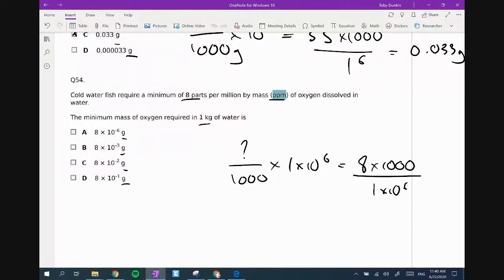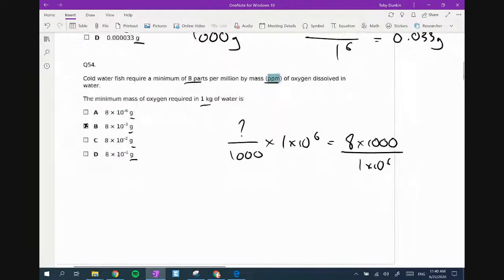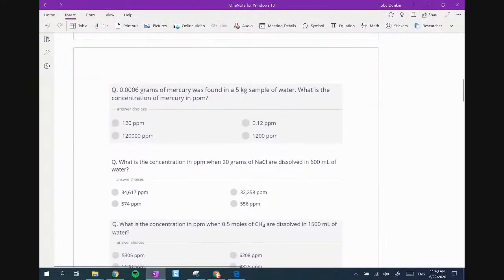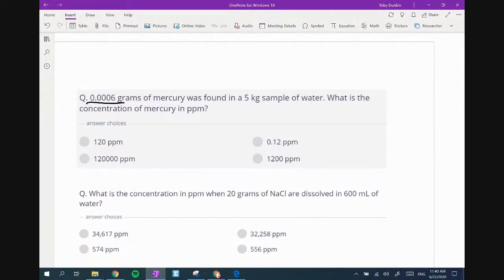So I'm going to get 8 times 1,000 divided by 1 times 10 to the 6, oh, that's made a mess. What have I just done there? 8,000 divided by 1 million gives me 8 times 10 to the minus 3, which is that one there. B. Amazing.